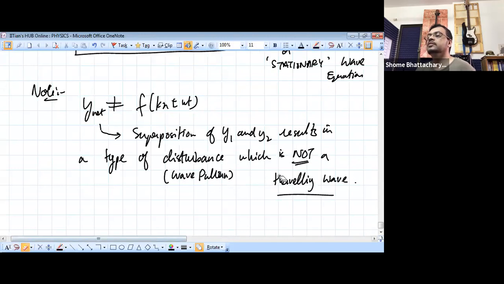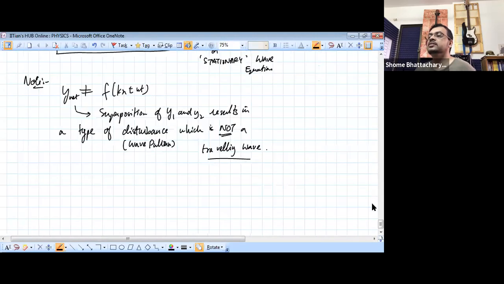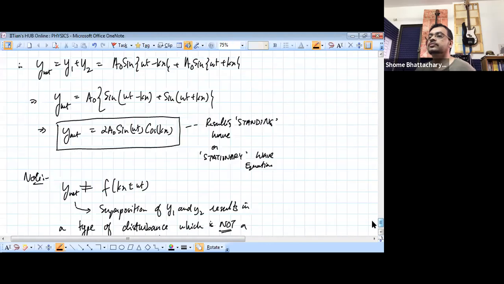Now, if not a traveling wave, why it's called a stationary wave, that also you'll understand in more detail, but at least you can see by just looking at the equation that it is not a traveling wave, because the equation doesn't match the general equation of a traveling wave.